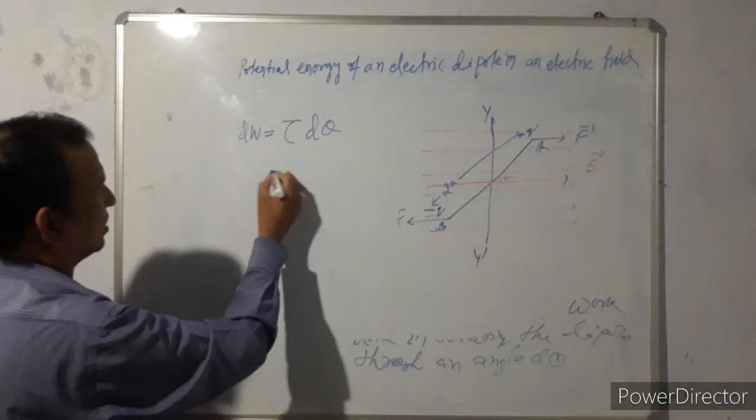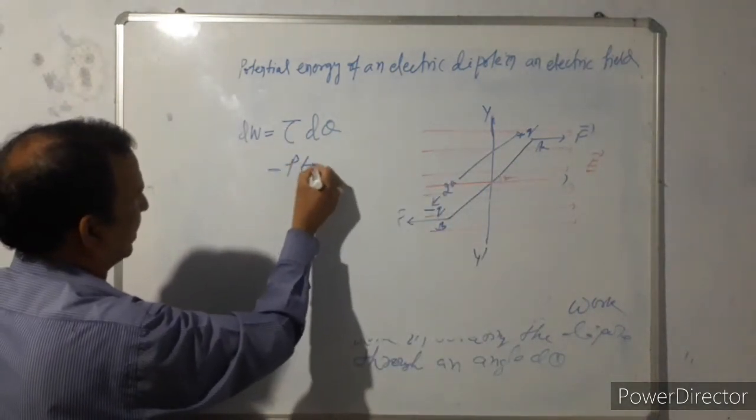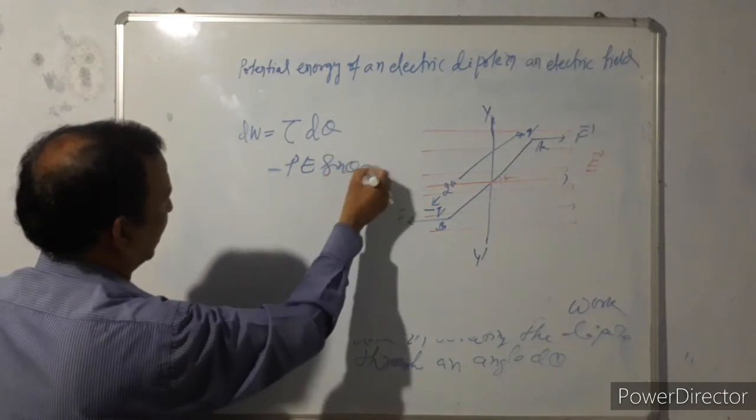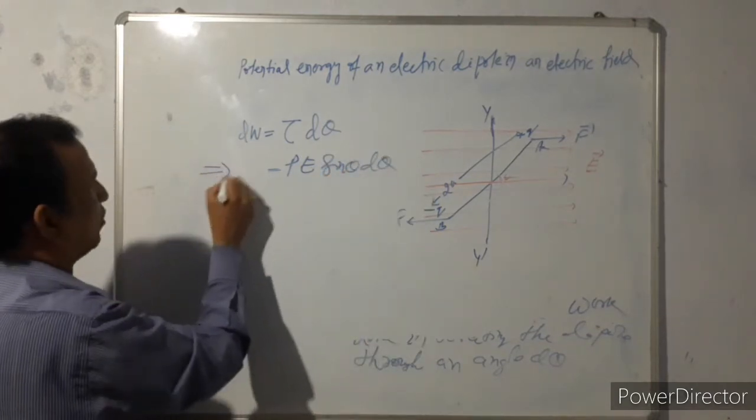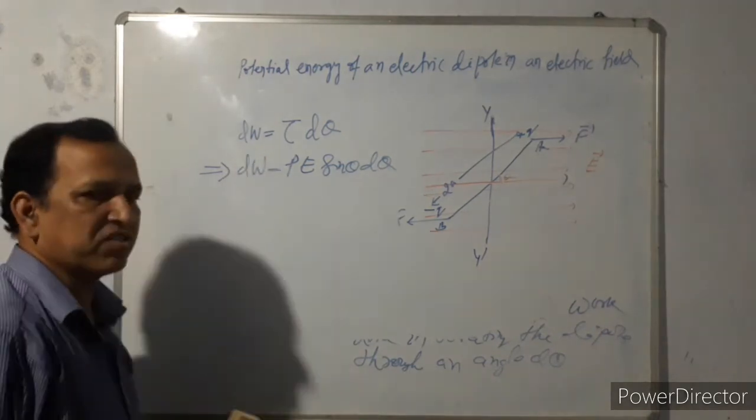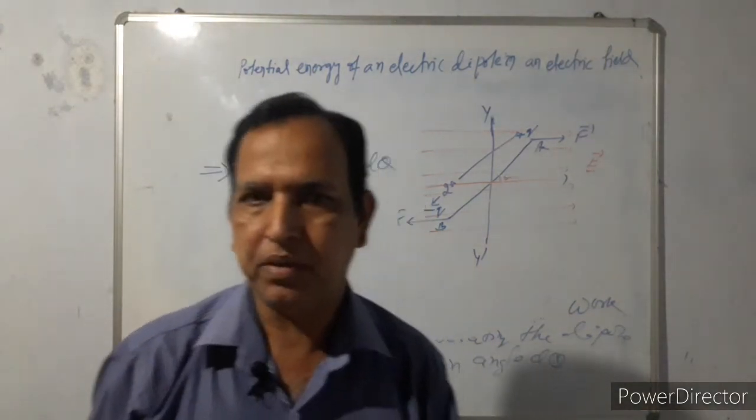For that, tau is equal to P E sin theta, so dW is equal to P E sin theta d theta. Okay.